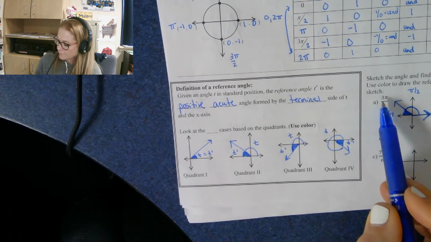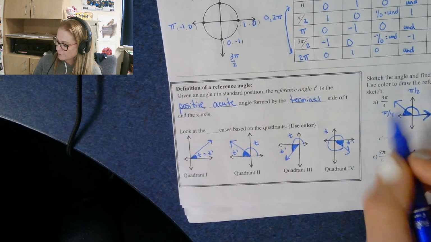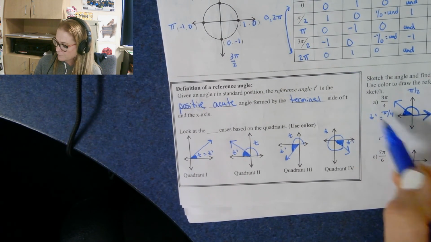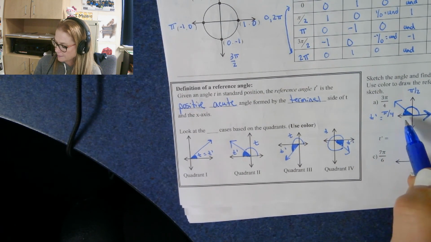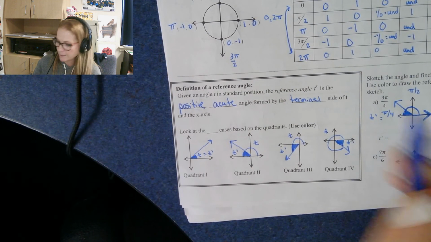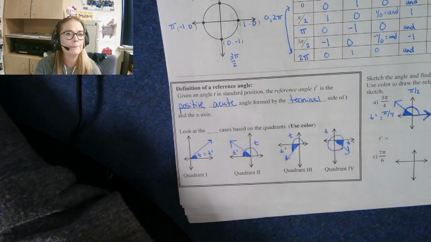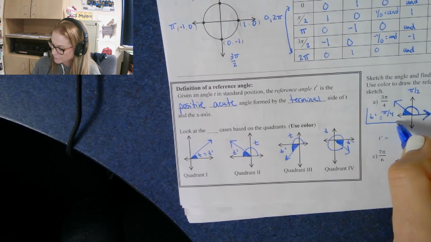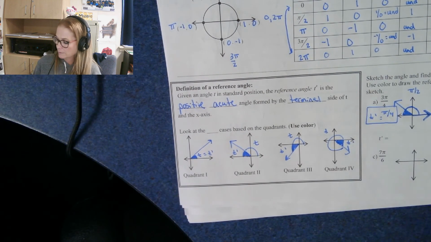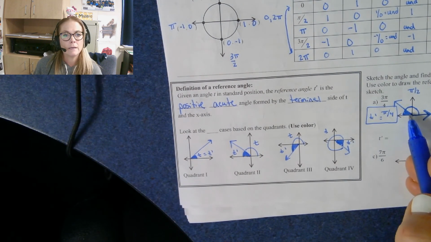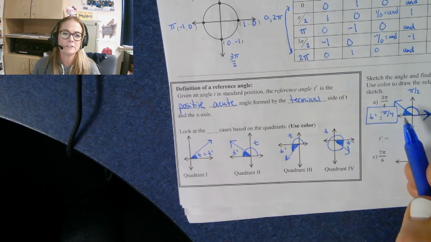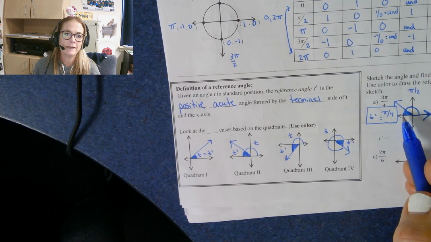Okay, so note the 3 pi over 4 and this reference angle, T prime, that makes 4 pi over 4, which is just pi, which is just this 180 degree line. Okay, so we will base our trig functions off pi over 4 for 3 pi over 4, and we'll know we're in quad 2, so everybody will be negative except for sine and cosecant. That's the thought process.